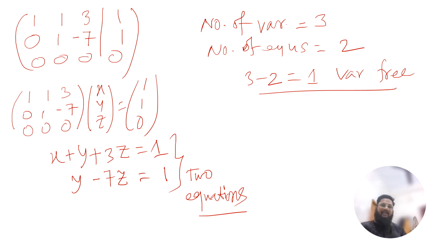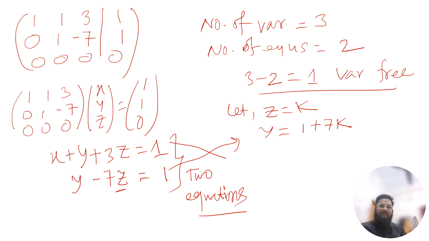So you have to take any variable of x, y, z as free. I always take the last one, so let z equal k. So if z equal k, from the second equation you are getting y equal to 1 plus 7k.